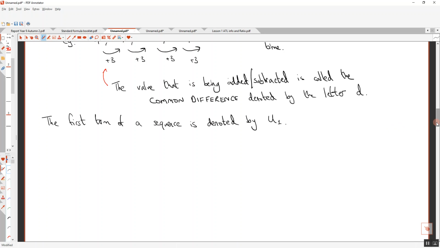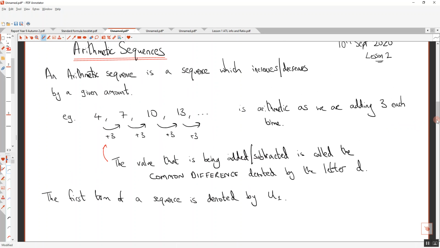So if I was to ask you, you probably would have had to do this last year. If I wanted you to come up with a formula for this sequence for the nth term, how would you go about it? 3n plus 1, okay, good.